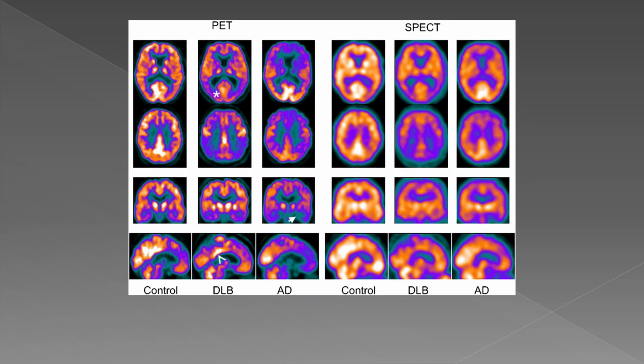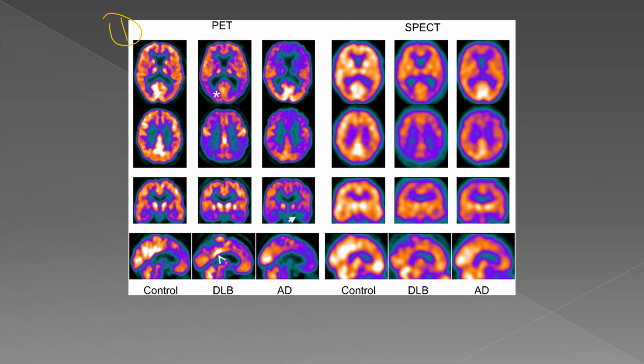Now, for these last couple slides, I just want to show you the comparison between PET and SPECT and show you what some PET images will look like. On the left, you see the PET image, and on the right, you see the same patient with SPECT. I want you to pay attention to that and see that there are actually 3 different patients.